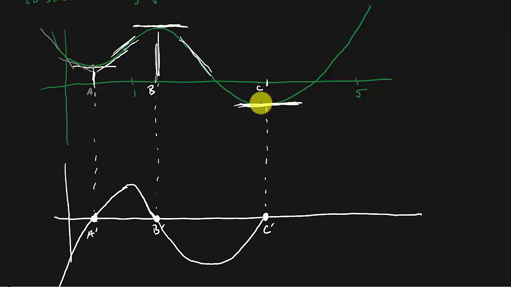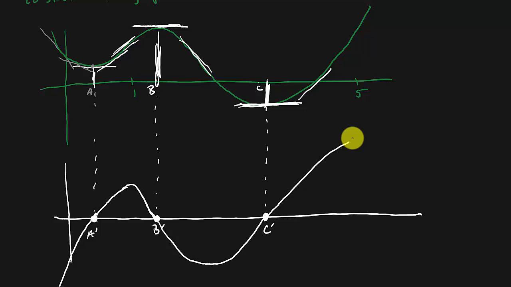And then all the tangent lines from here to here have negative slopes, so the derivative needs to be below this. All right, and then once we get past c here, all these tangent lines are positive, so we know it's going to come back up like that. And so that's a rough sketch.